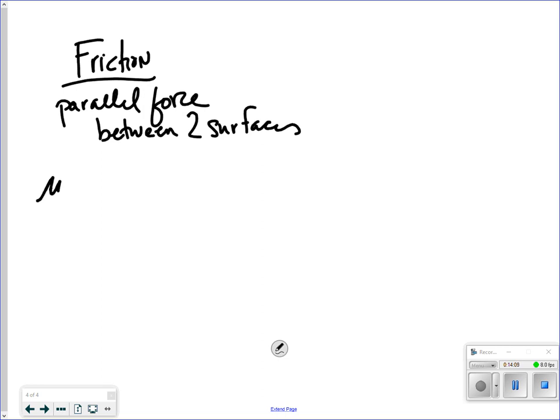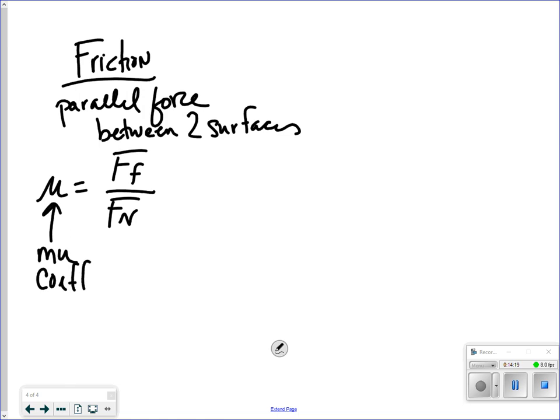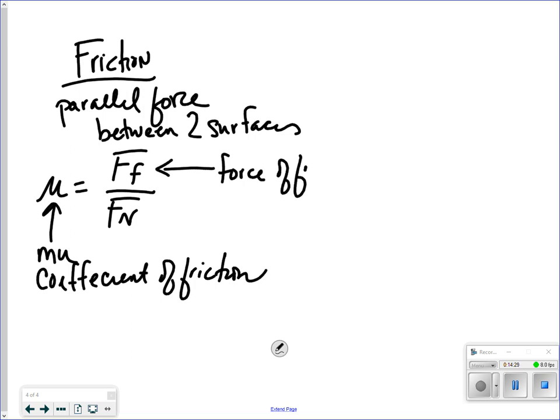It's not going to mean a whole lot right away, but we will get to it a little bit later. This one is called mu. That is also known as the coefficient of friction. This one, force of friction. This one is the normal force, obviously.